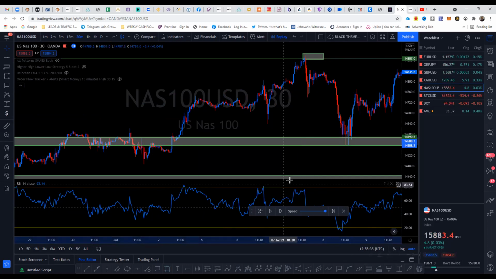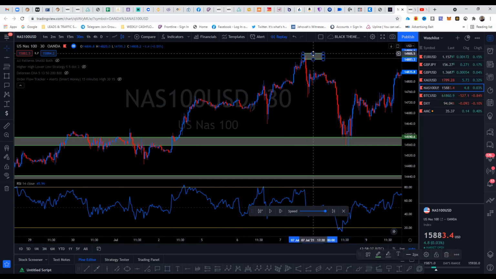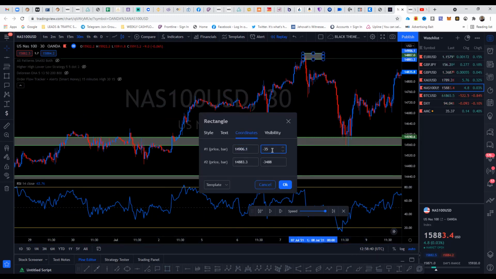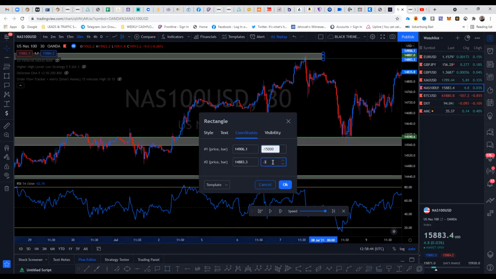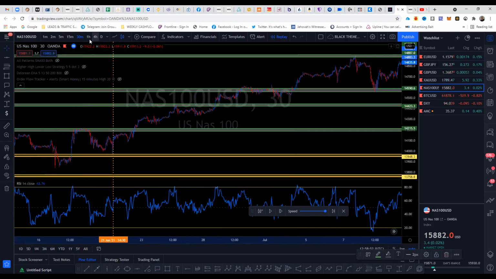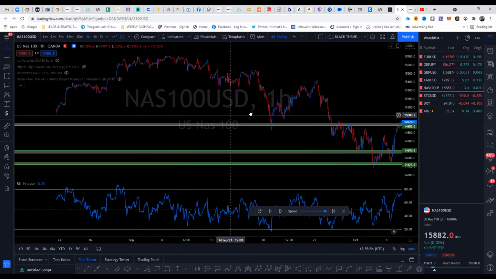So we're basically just changing these zones so that we can identify supply and demand zones and see how price actually interacts with these zones, how it supports and resists. All right, so we're going to go ahead to 1 hour now.